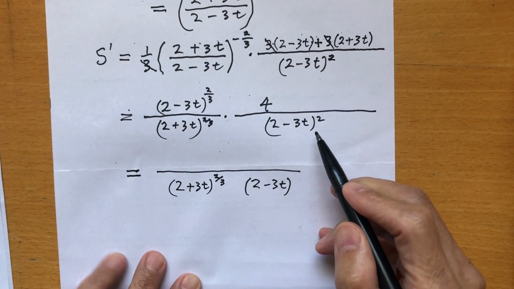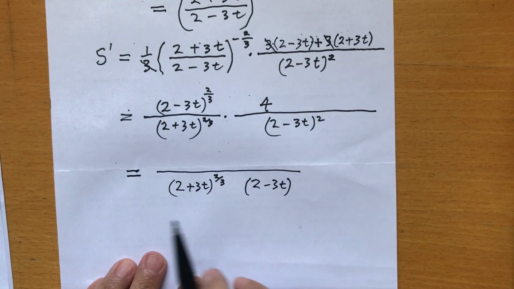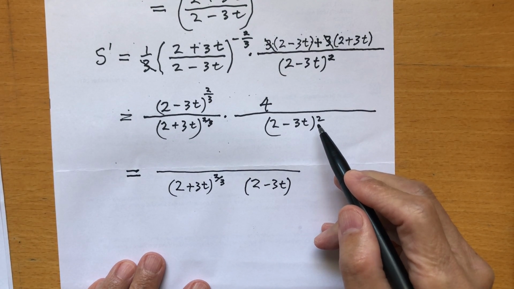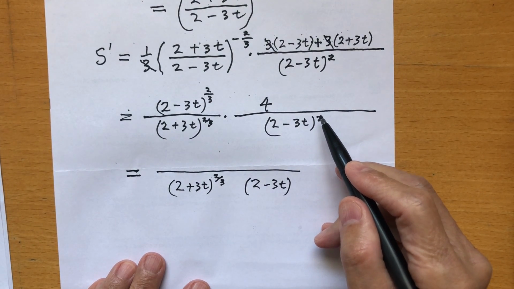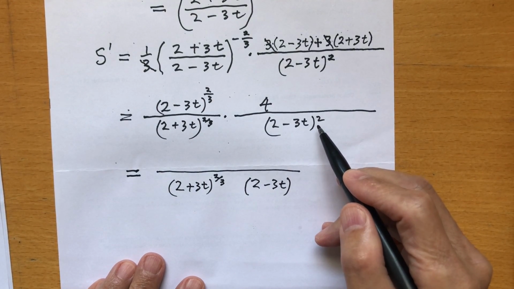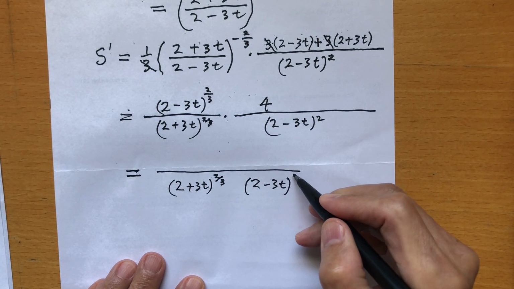This is 2 minus 2 over 3. 2 is 6 over 3. So 6 over 3 minus 2 over 3. So you have 4 over 3.